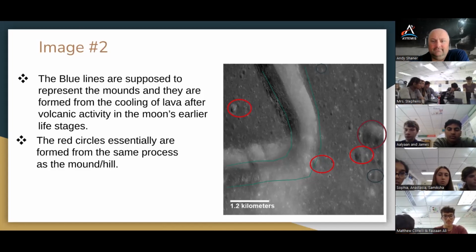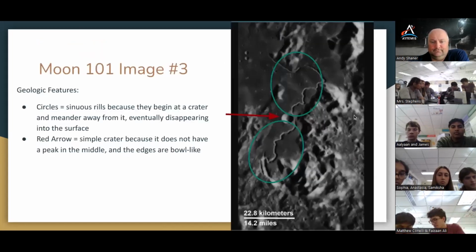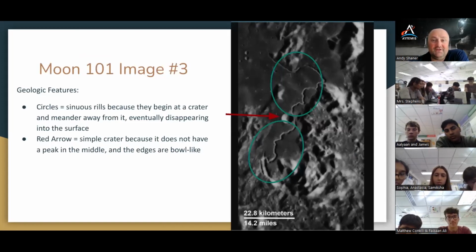Okay, going to the third one. And this here is one of my most favorite images ever, just because there's so much geology going on and so much you can talk about in terms of geology, particularly with the moon. You can talk about relative age dating.